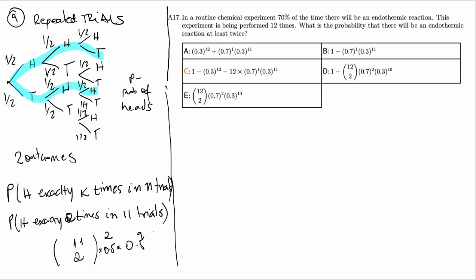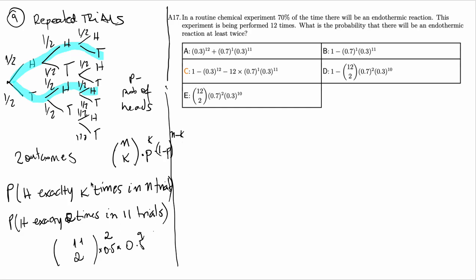Okay? This is the formula, and we can reason it for whatever experiment we're talking about. It will be n. You'll have n trials that you will select to be an outcome, times the probability of that outcome, times the probability of the other outcome, n minus k.